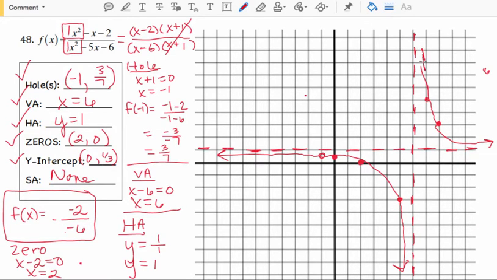And again, you can just find, if you want to, a couple more points to verify that you're on the right track with your graph. Just the fact that I don't have any more zeros, I don't have any more x-intercepts, it's really a good guide to tell you what your graph's going to look like. You can never, ever cross a vertical asymptote, and you sometimes might cross a horizontal asymptote.